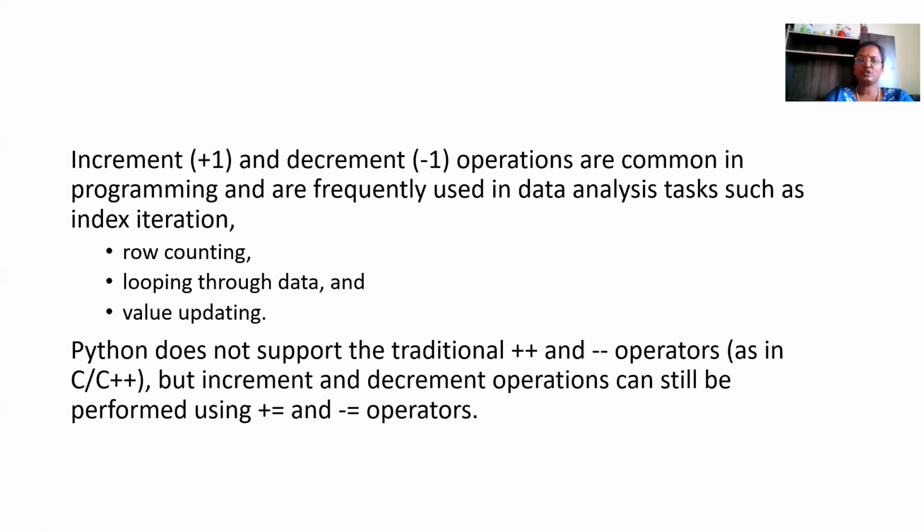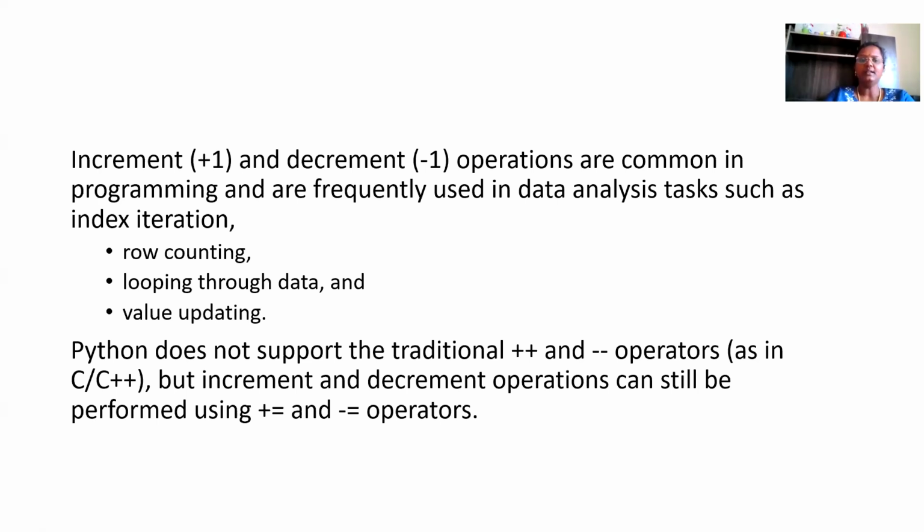For what kind of tasks do we use increment and decrement? Such as index iteration like row counting, looping through data, and value updation. But Python does not support the traditional increment operators plus plus and minus minus.